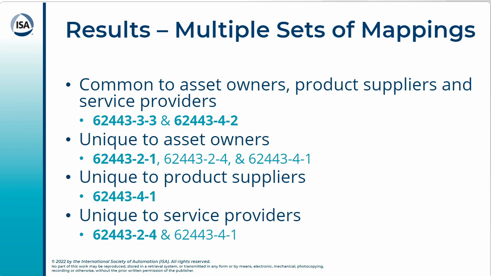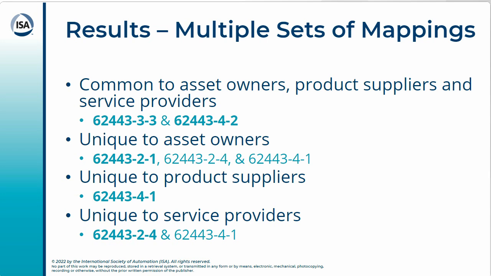The idea here was that 2.4 is the policies and procedure requirements for service providers, and 4.1 is the policies and procedures for product developers. 2.4 was being looked at from the asset owner point of view, because this is what an asset owner would need to incorporate into their requirements for their service providers in terms of IoT implementations.